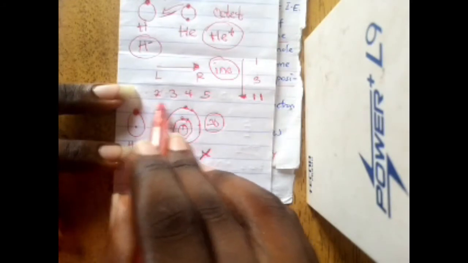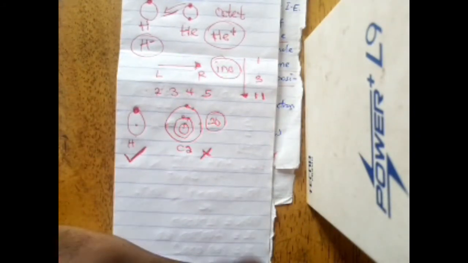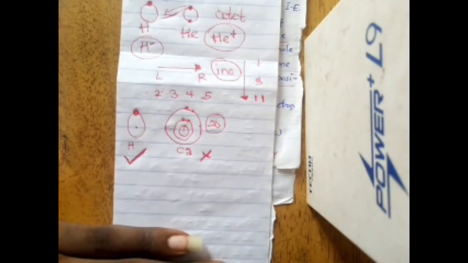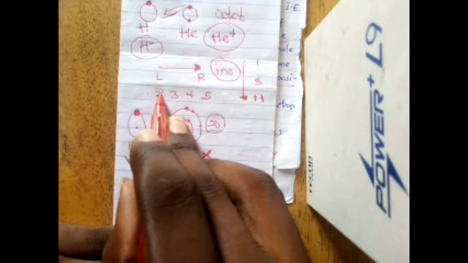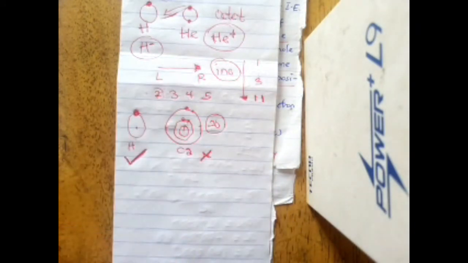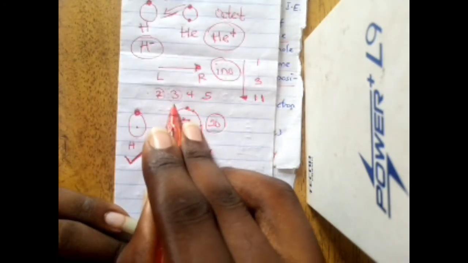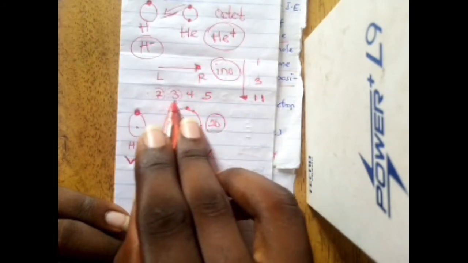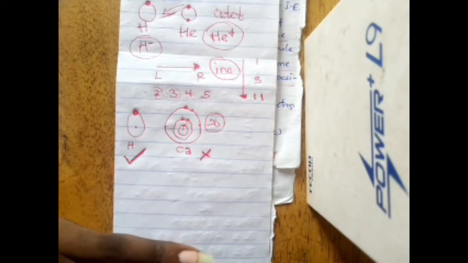So as you move from left to right, the tendency of these atoms losing electrons becomes high. So this has 2 now. The tendency for it to lose its 2 is very high. The tendency for this 3 to lose any of its electrons is also very high. As it moves this way, it's very high. So when you move from left to right of a periodic table, the ionization energy increases.